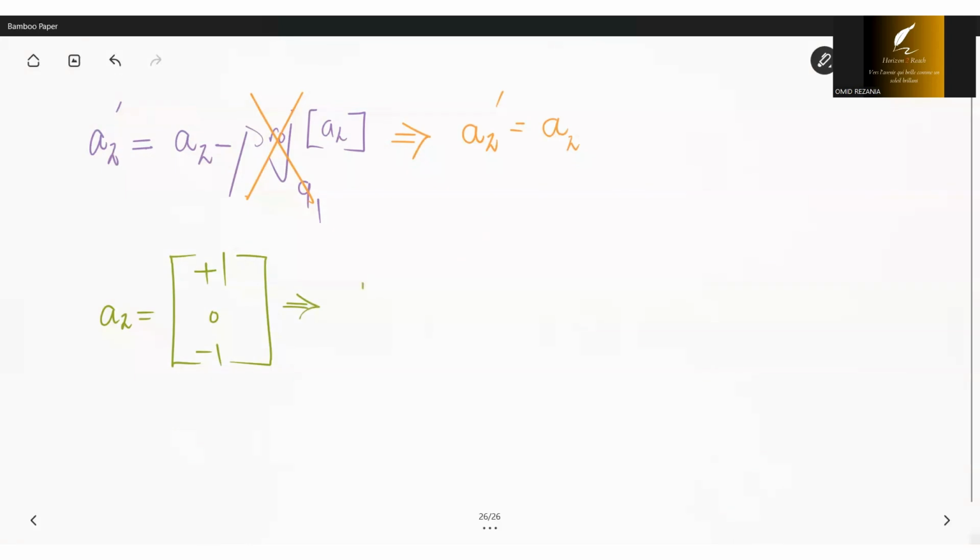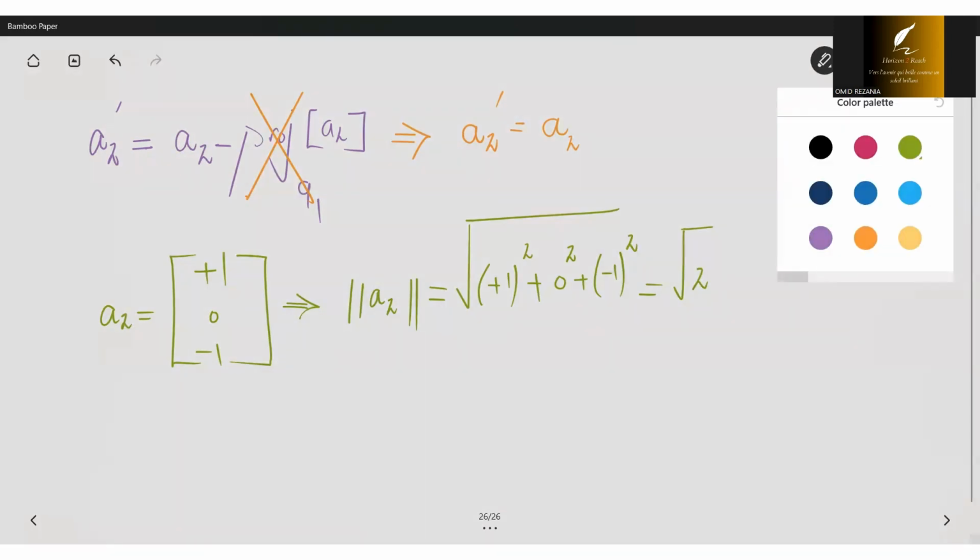In order to normalize it, I have to find the norm of A2. The norm or the length of A2, from what I discussed before the break, becomes +1 squared plus 0 squared plus -1 squared. Then you add everything together, you get the square root of 2.